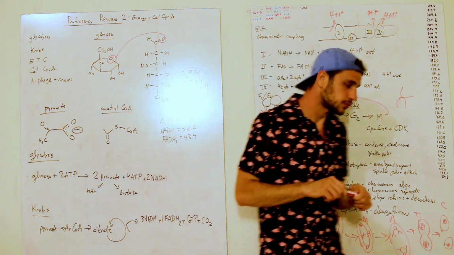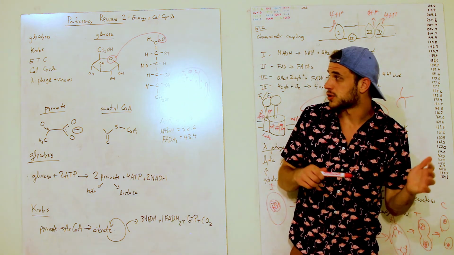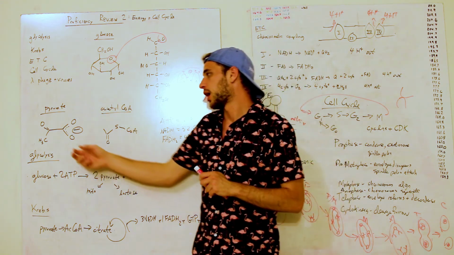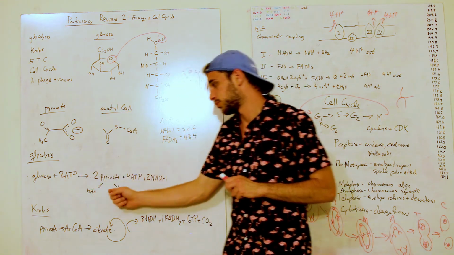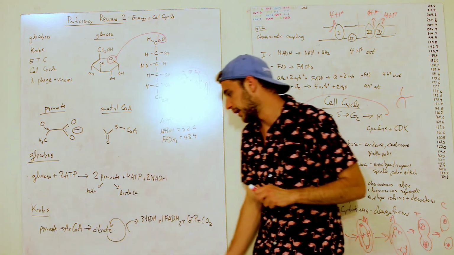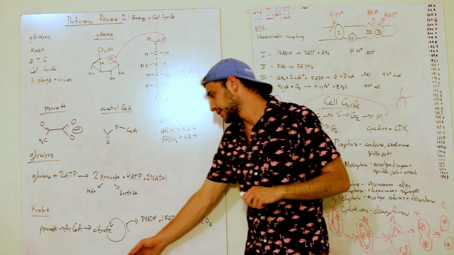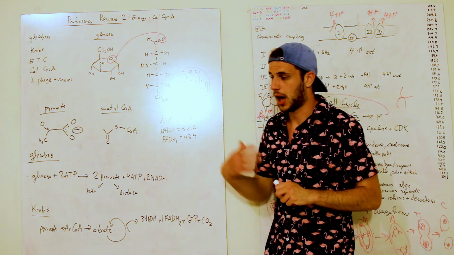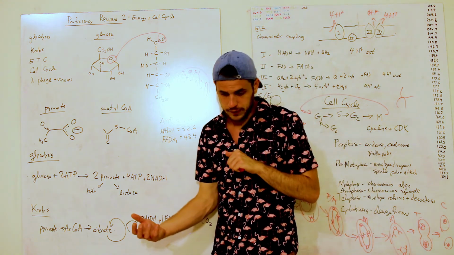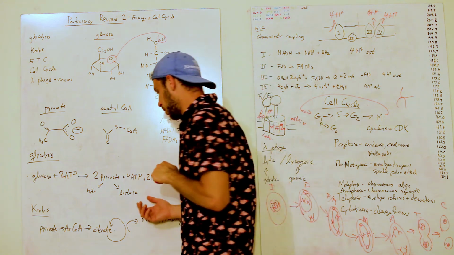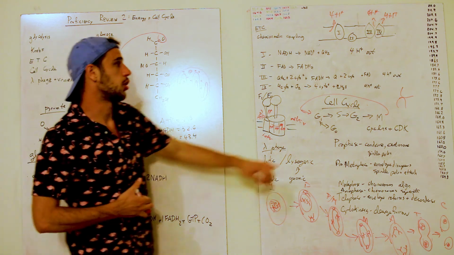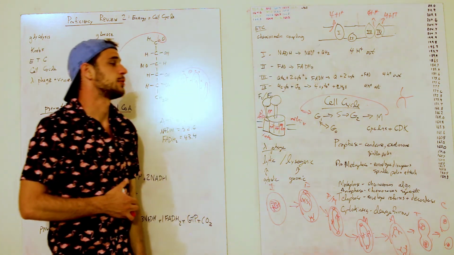So that is all for the proficiency review. We were able to go through what glucose is, the steps of glucose to pyruvate, and then how pyruvate gets made and goes into the citric acid cycle, and we get some second carriers for the electron transport chain, NADH and FADH2, which are then used in the electron transport chain.